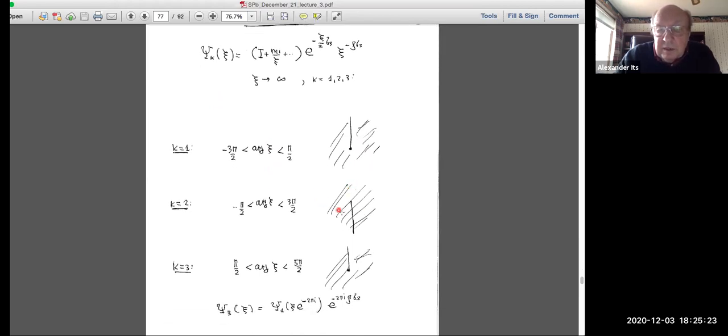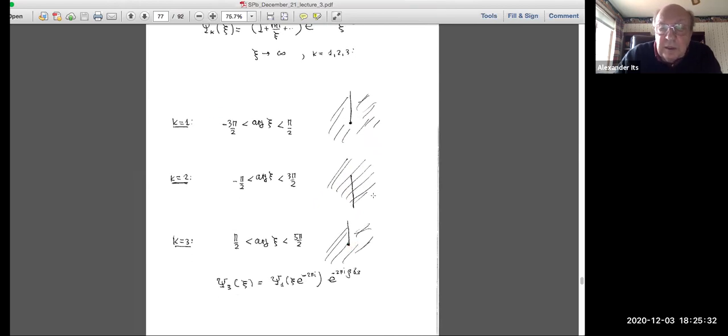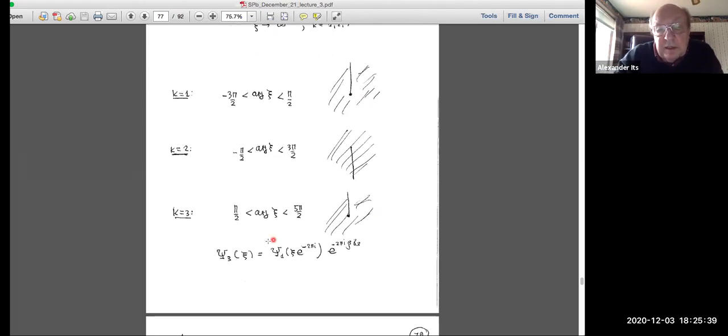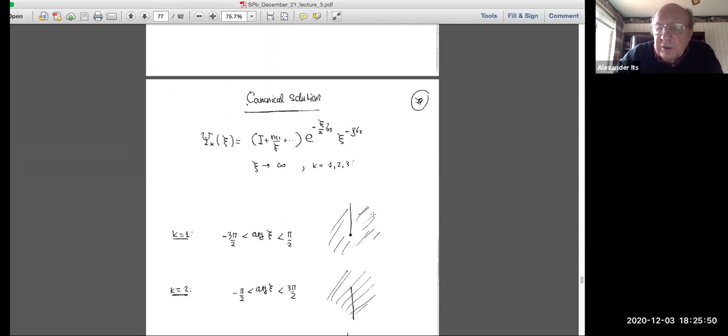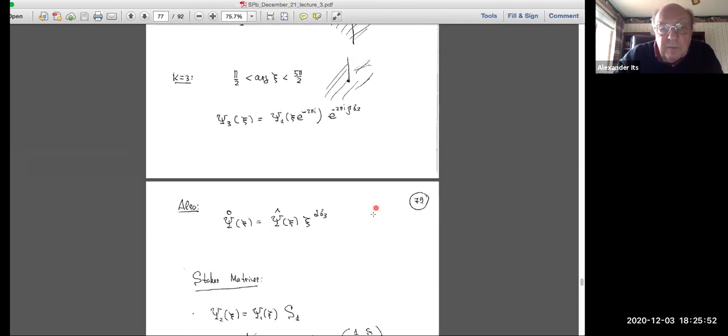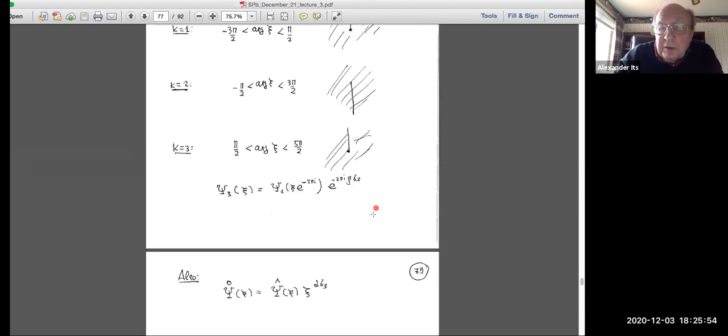Then you have sector 2, where again you throw away the negative imaginary part. And then you have sector 3. It is more or less the previous sector, but on the other sheet of the universal covering. And there is a relation between psi3 and psi1, because actually psi1 and psi3 are almost the same, up to the branching at infinity. Very good. So this is what is going on at infinity.